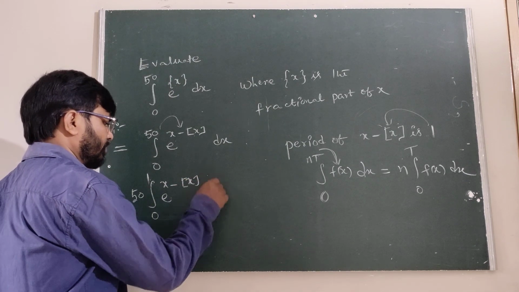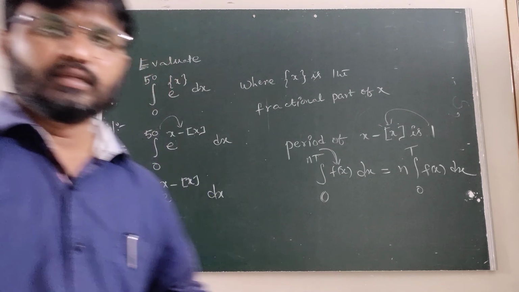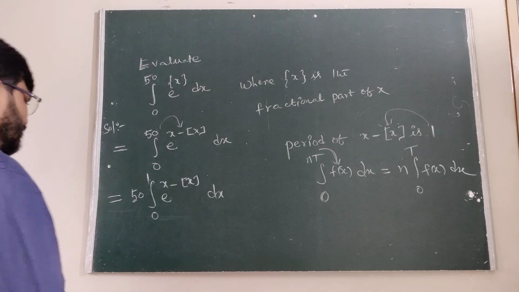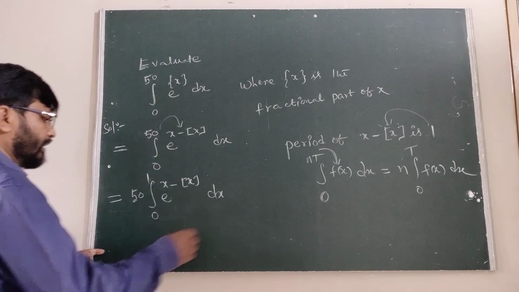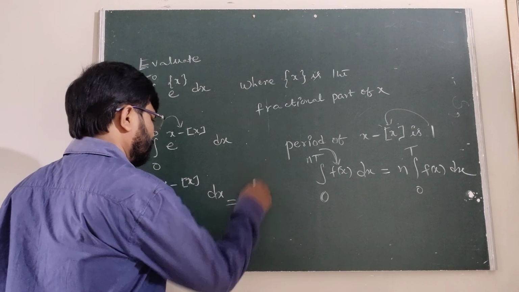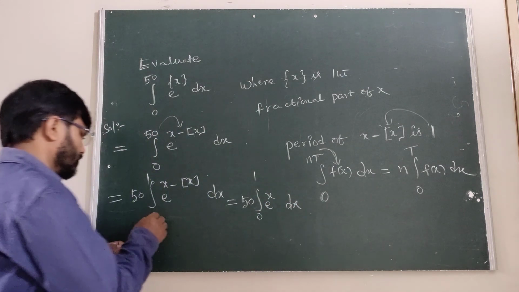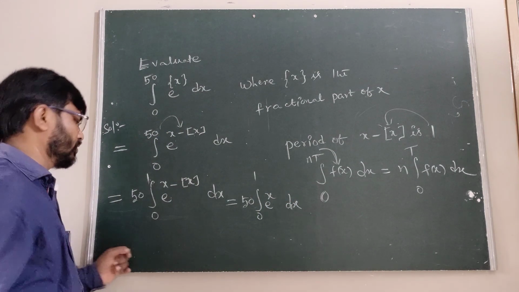What is the special function here? Step x, the greatest integer function, GIF. Therefore, now we can write this as 50 integral 0 to 1 only e power x dx, since in between 0 to 1 the step x is 0.